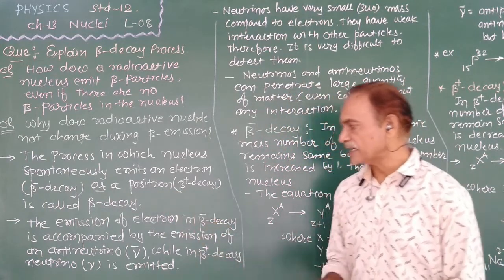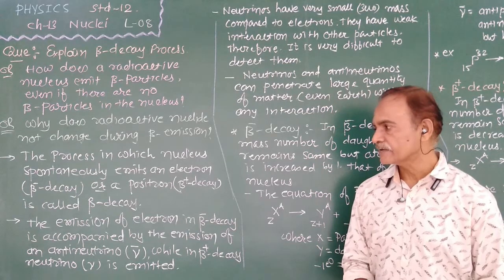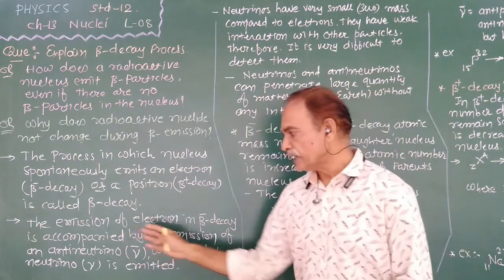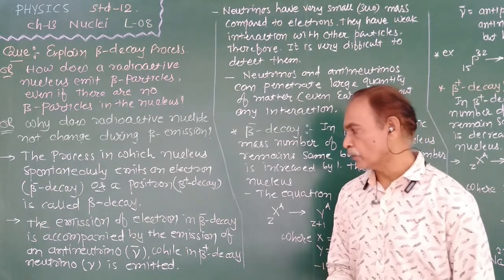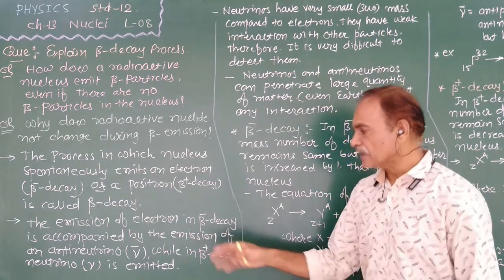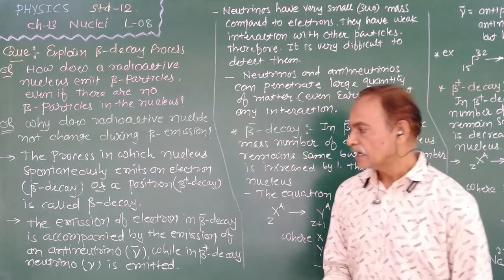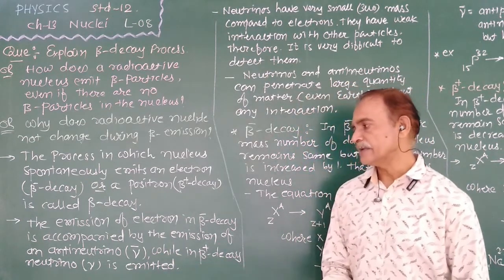The emission of electron in beta minus decay is accompanied by the emission of an anti-neutrino, while in beta plus decay, a neutrino is emitted.